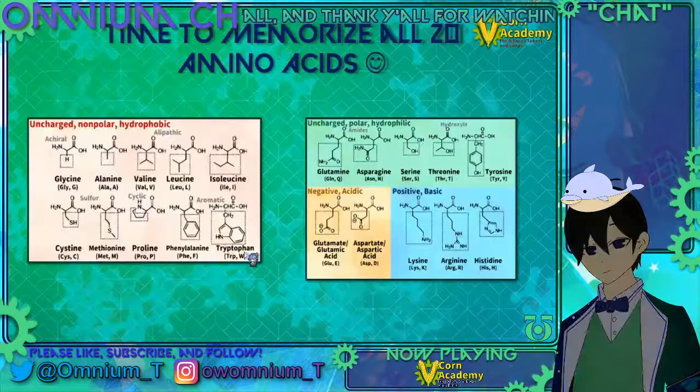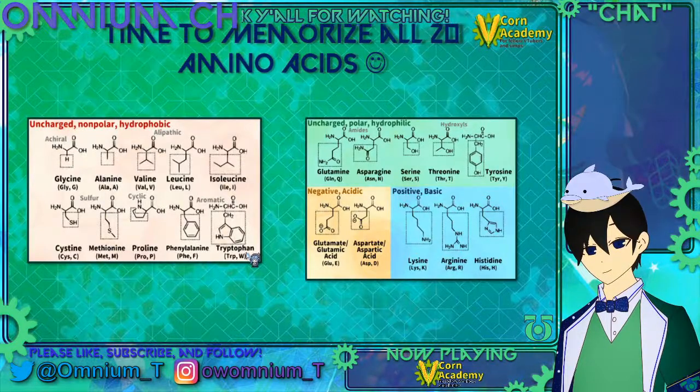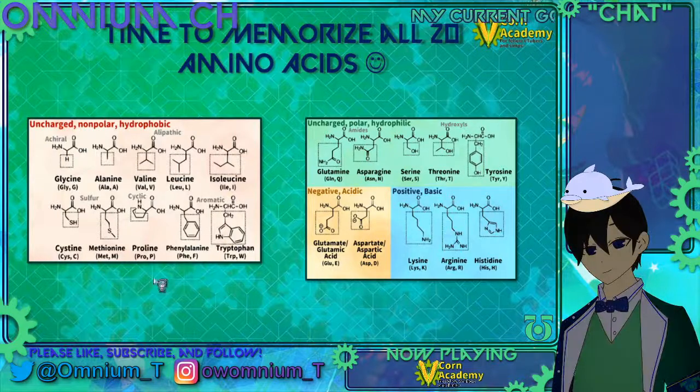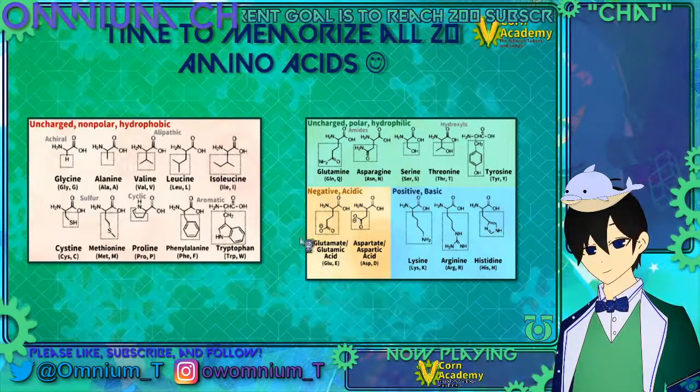And now it's time to memorize all 20 amino acids. There are so many, but one good thing to note is that a lot of them are similar to each other, so you can start grouping them up. Like you have 5 here, 2 here, 3 here, and hydroxyls 3.